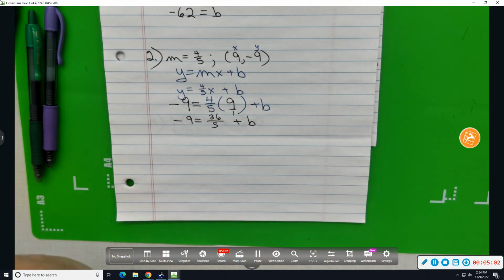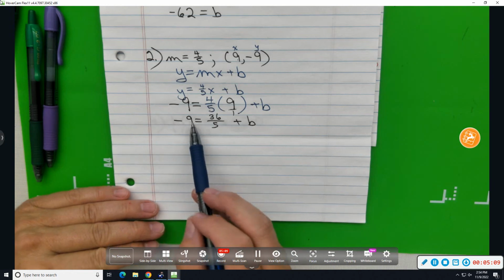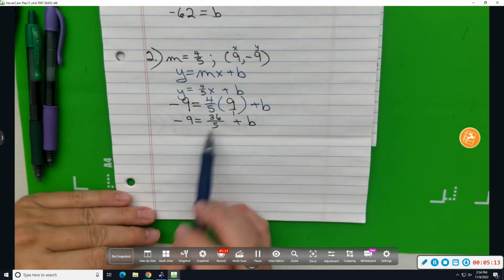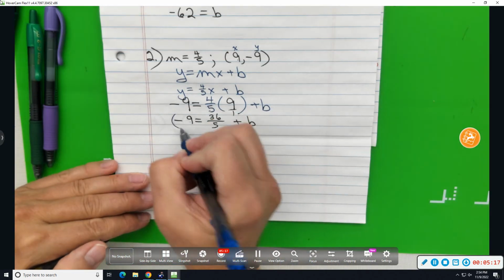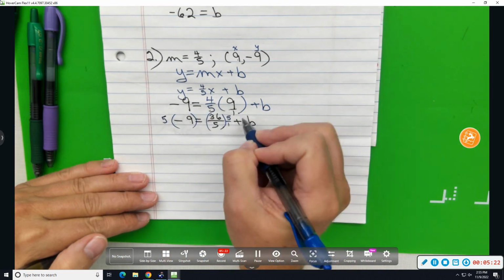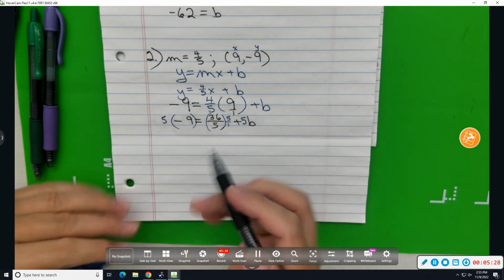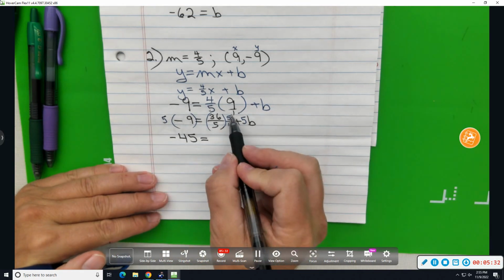I seem to think that in class, y'all liked it best if we just got rid of the fraction right now. We would have to multiply all the way across by what to get rid of that denominator of 5? Yes, we'd multiply by 5. So multiply by 5, multiply by 5, multiply by 5. 5 times negative 9, that's a negative 45, equals, the 5's are going to cancel.